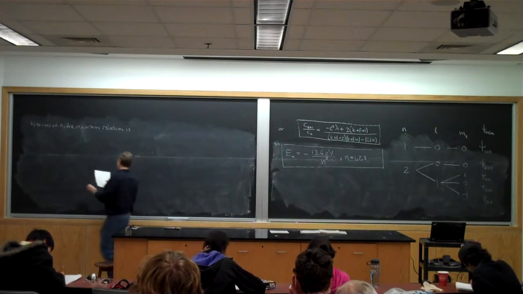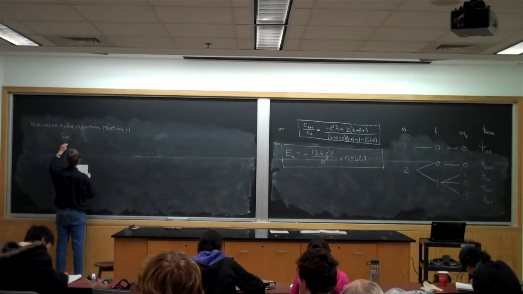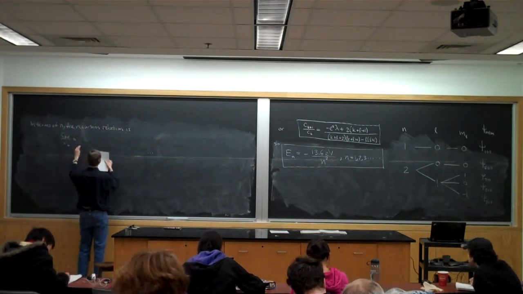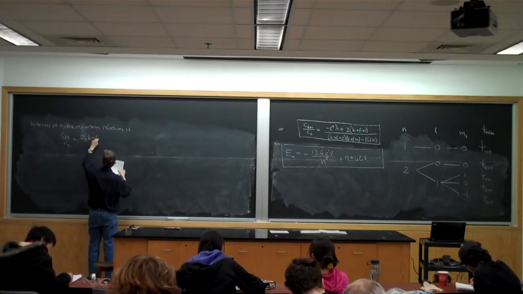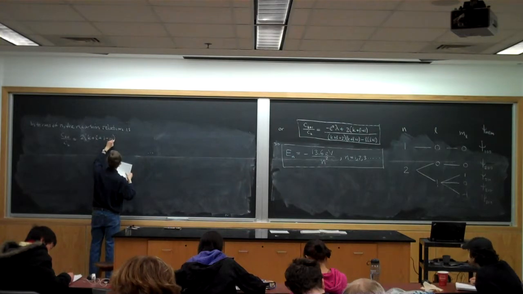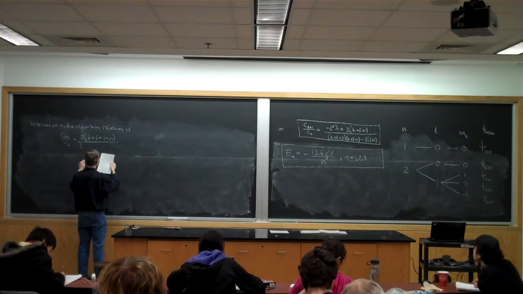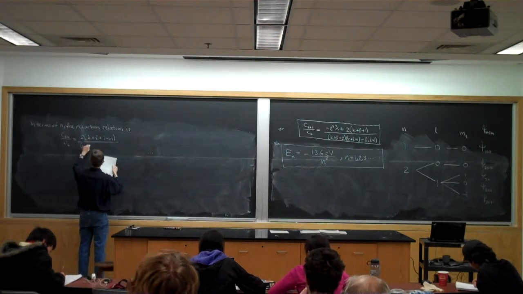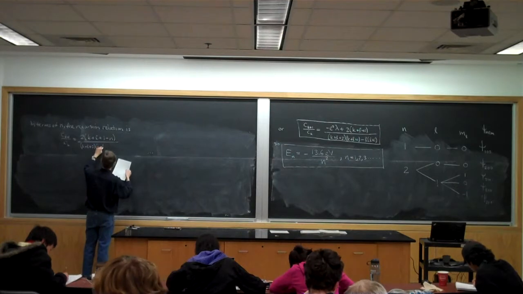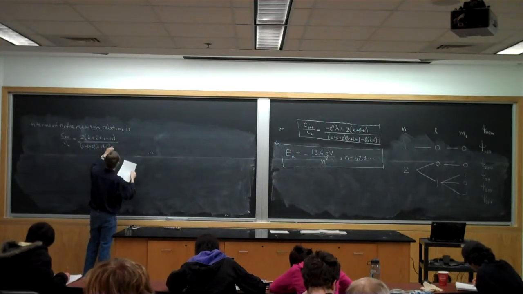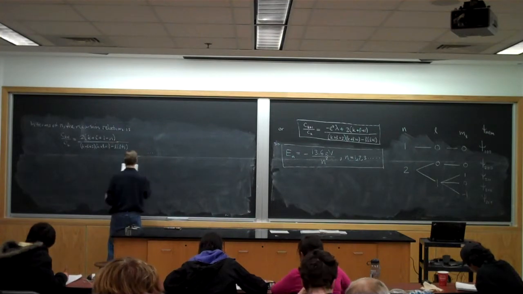So we can rewrite the recursion relation as c_{k+1} over c_k is equal to 2 times k plus l plus 1 minus n over all that junk, k plus l plus 2 times k plus l plus 1 minus l times l plus 1.